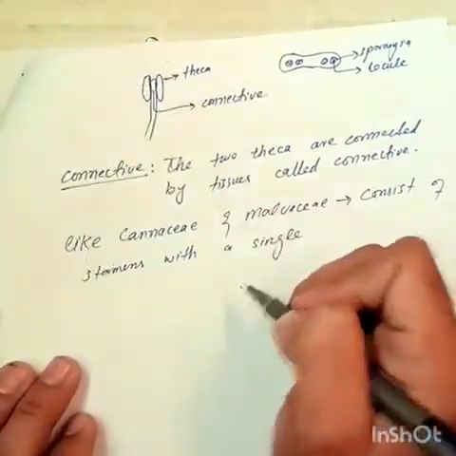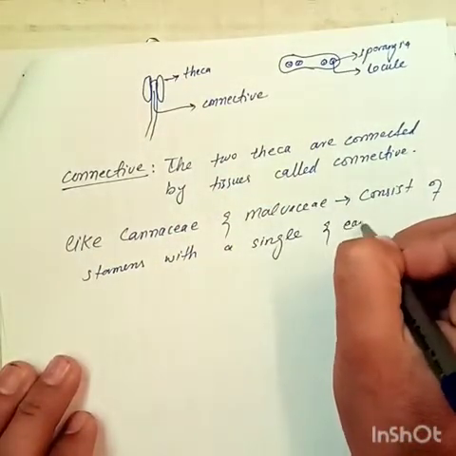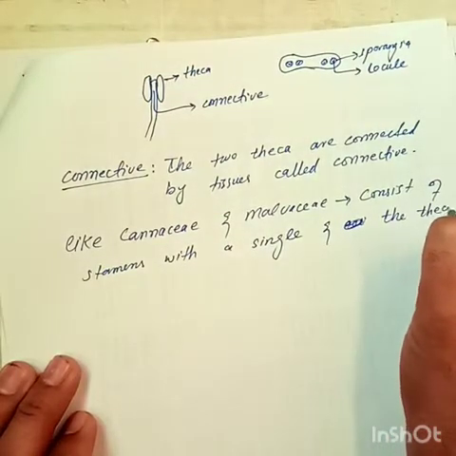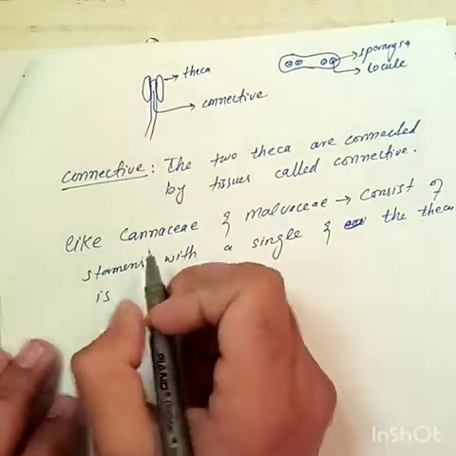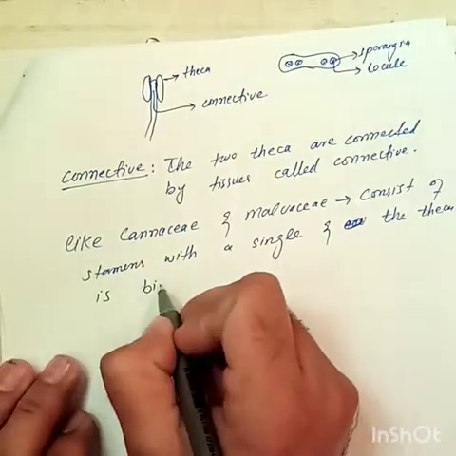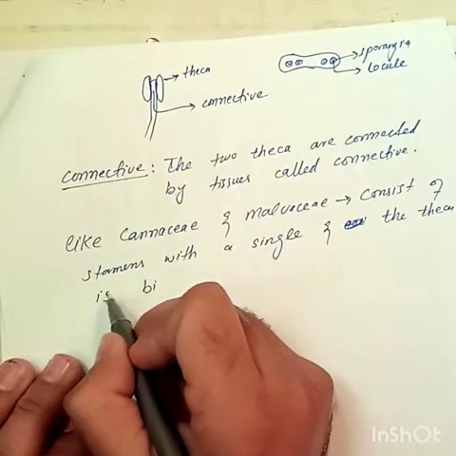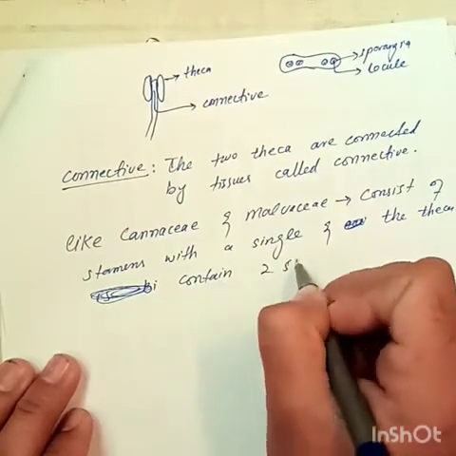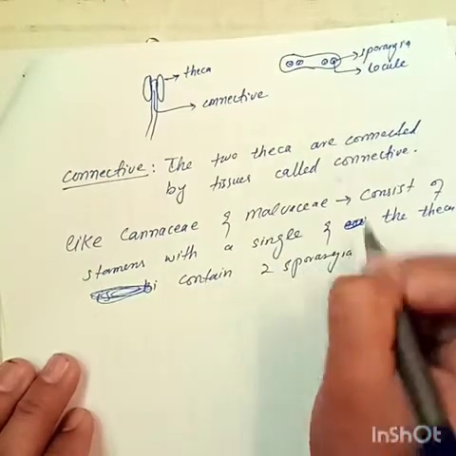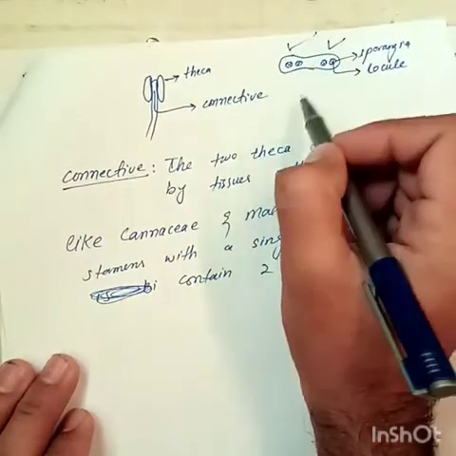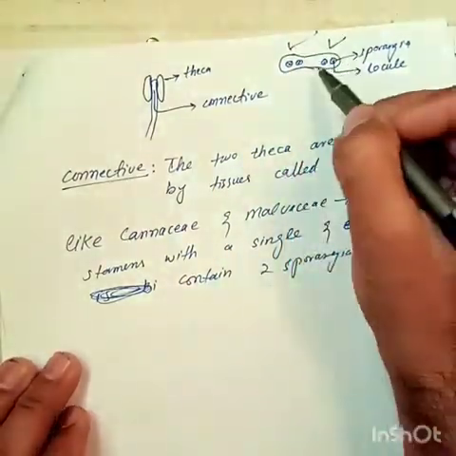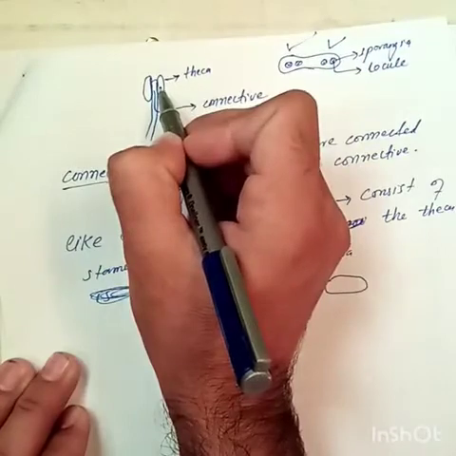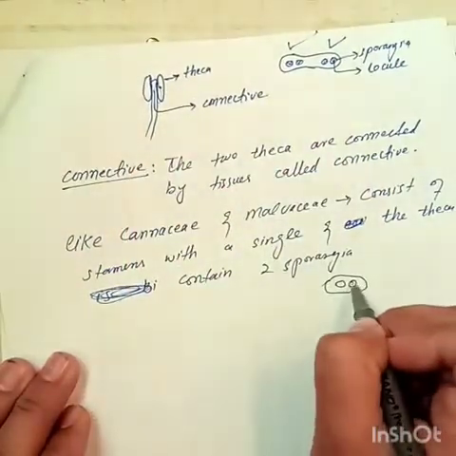Only one theca is present in each, and the theca contains two sporangia. These are two theca, number 1, number 2. In Malvaceae, there are only single theca like this. This is only a cross section of this single theca bearing two sporangia.